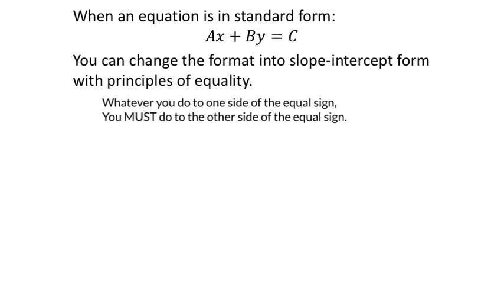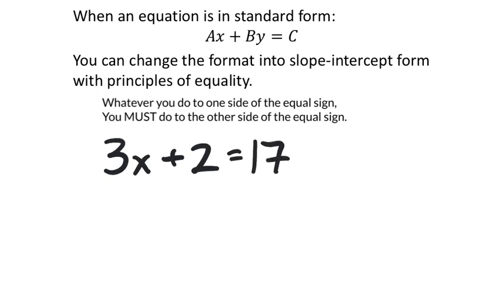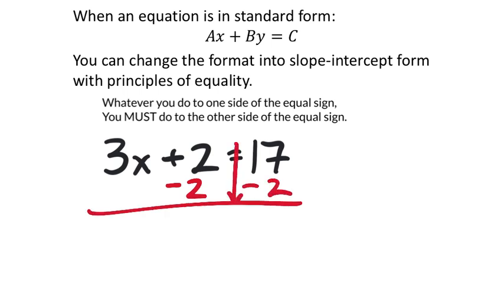For example, if we saw this old equation, or something like it, 3x plus 2 equals, I don't know, 17. Well, if we were to solve this, the first thing we would do is zero out the plus 2 to isolate the x's. So we'd use the subtraction principle of equality. I'd subtract 2 to make that 0. If I do it to one side, I've got to do the other side.